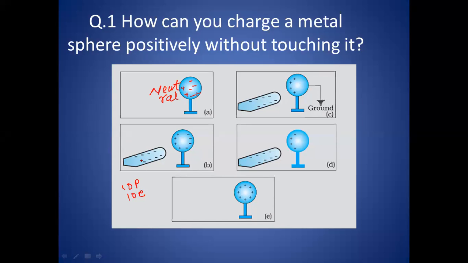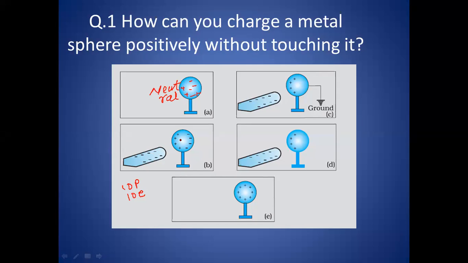But this plate has negative charge. It is brought here, so the negative charge of this metallic sphere will be repelled by this negative charge and separated, and positive charge will be attracted here. This is one situation.